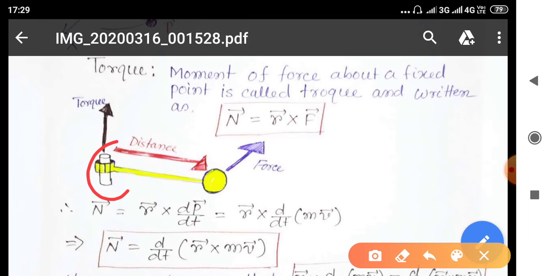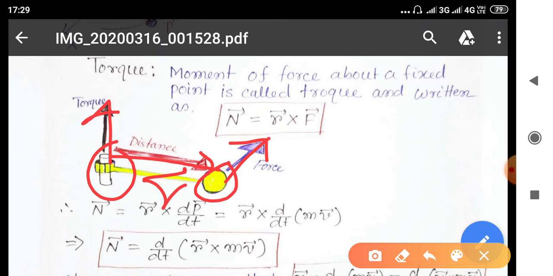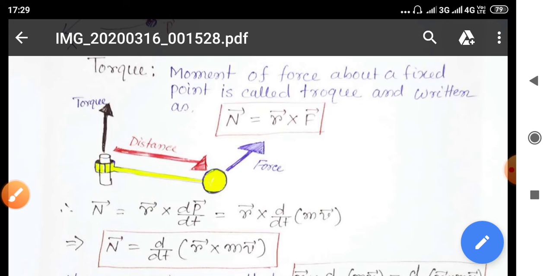If this is an axis and this is an object, and we apply a force along this direction, and the distance between the axis and the object is r, then the torque acts perpendicular to both the force and the position vector, and it is written as n vector equals r cross F.